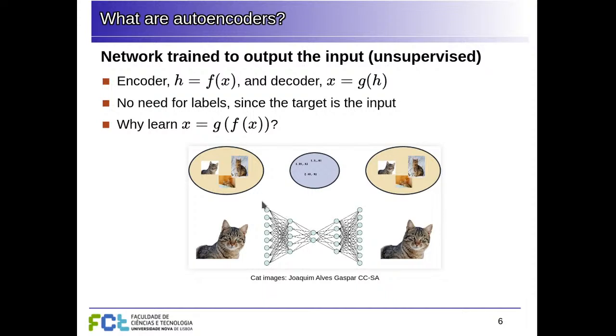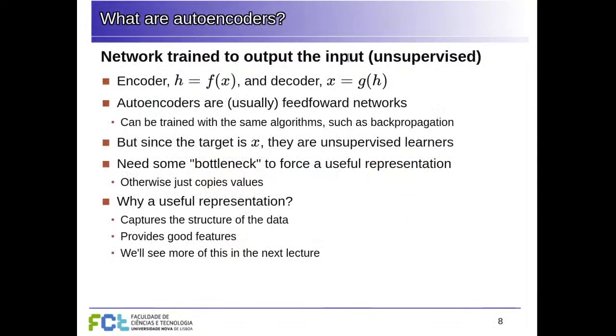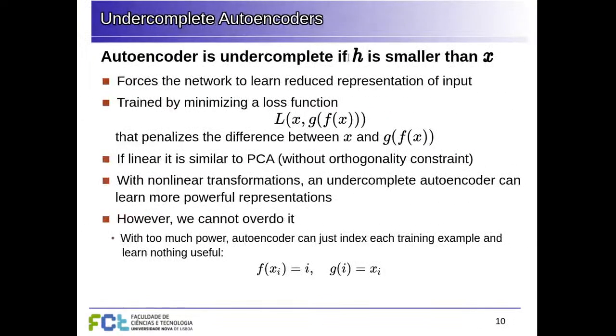This means that a large set of values must be encoded in a smaller set of values in a way that allows for the original data to be retrieved. So this would be an undercomplete autoencoder, and these are very easy to understand intuitively because we are now minimizing a loss function that simply penalizes the difference between the output of the network, which is the composition of the encoder and then the decoder, and the input x.